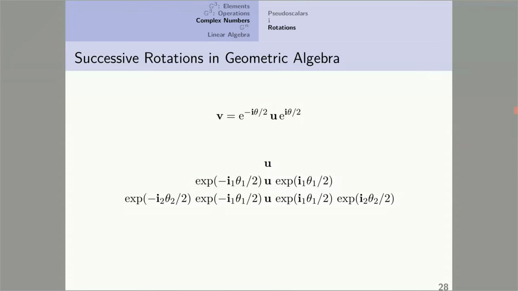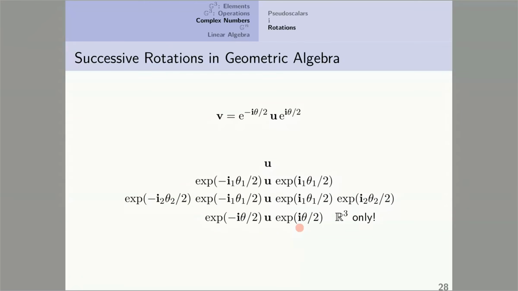It's a theorem, according to Euler, that in R3 and R3 only, the two successive rotations are the same as a single rotation, say by an angle I theta. So the theorem of Euler states that this times this is equal to this for some bivector angle I theta.